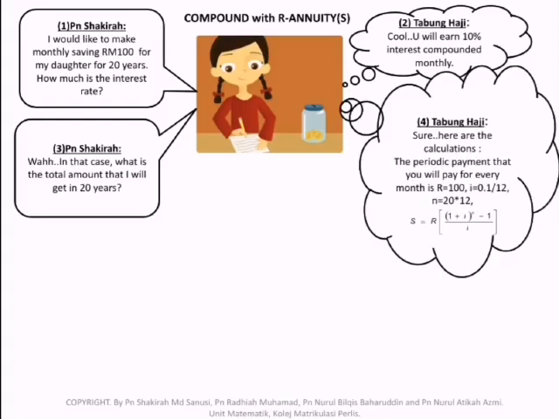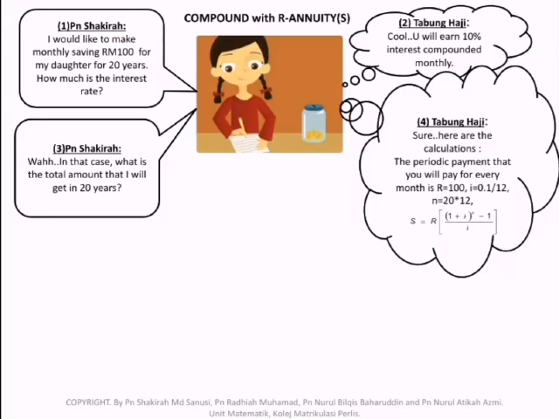Okay, sure. Here are the calculation for your inquiry. The periodic payment that you will pay for every month is RM100 ringgit. Your interest rate I equals to J over M, which is 0.1 over 12. Then your N will be T times M, which is 20 times 12.